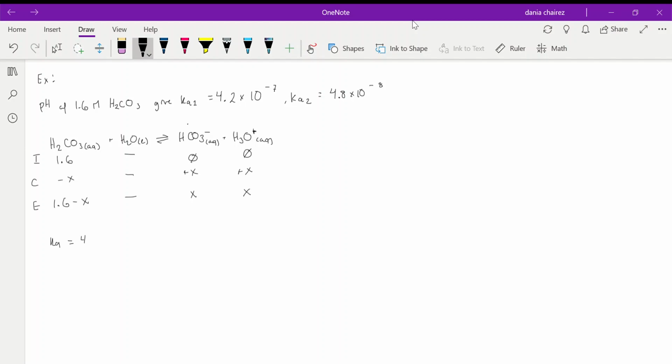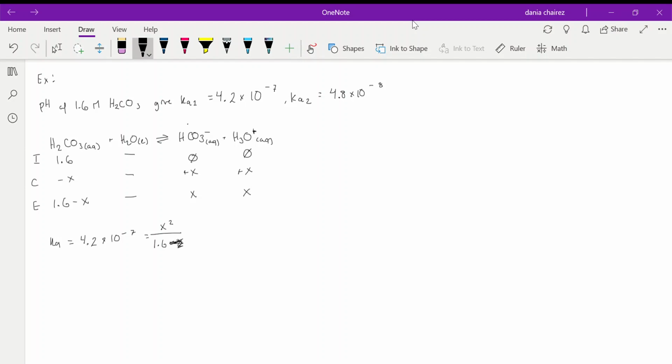Then we set up our Ka, which is going to be Ka1 because one hydrogen has been taken away. 4.2 times 10 to the negative 7 is equal to x squared over 1.6 minus x. This value is small enough for us to disregard this x.